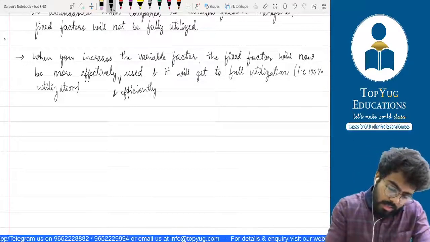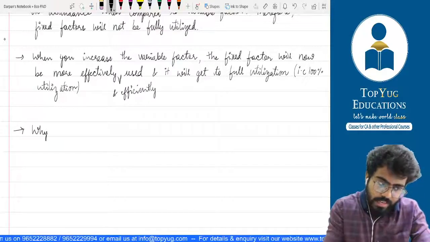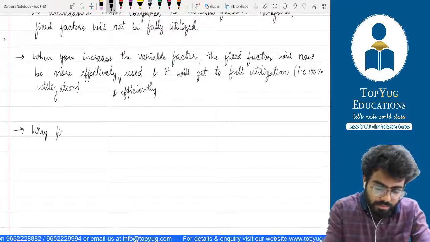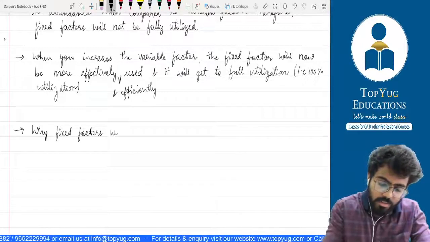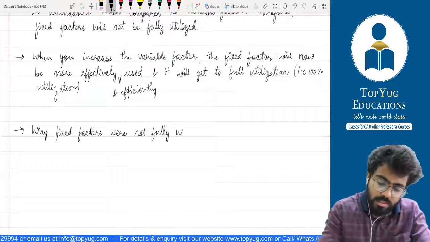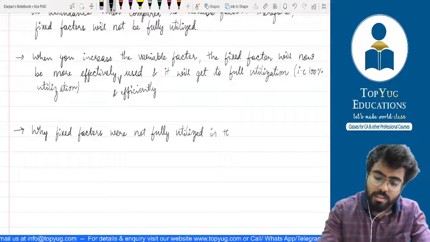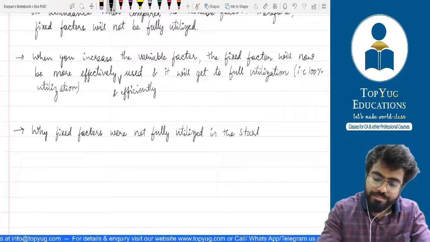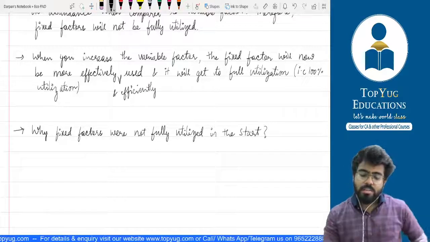Correct. Now pose the same question that you posed earlier. Why were fixed factors not fully utilized in the start?